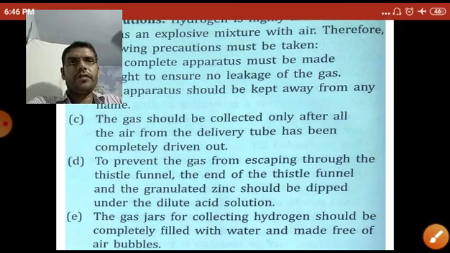Now, the gas jar for collecting hydrogen should be completely filled with water and made free of air bubbles.